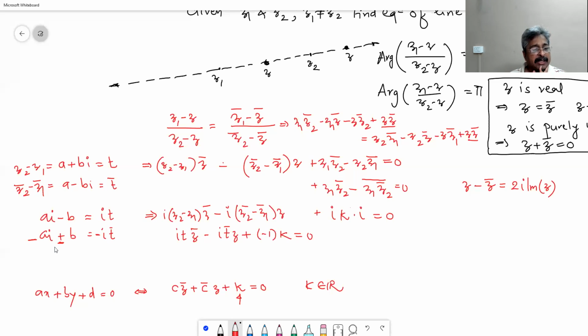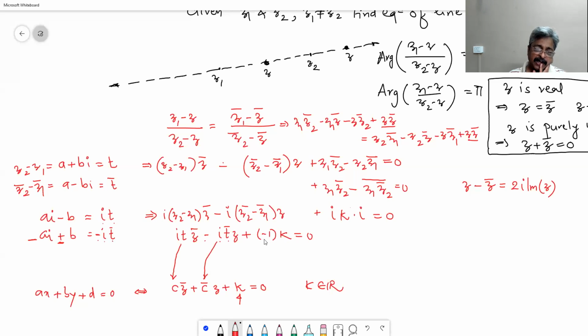Therefore, minus i times t bar is the conjugate of i times t. Therefore, I will call it c and minus i times t bar as c bar. Correct?